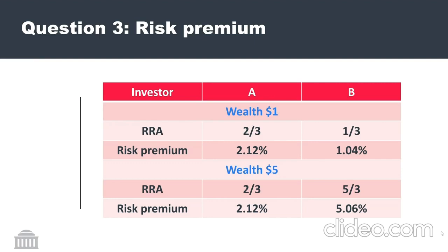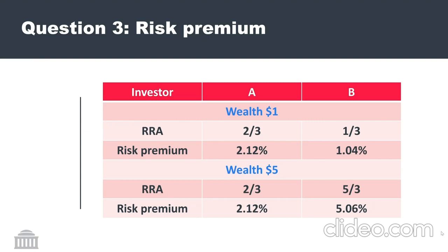For any other level of wealth, it will always stay constant at the same exact level. Risk premium, of course, would differ if we give this investor a different investment opportunity. That investment opportunity may have a different risk premium. But for this particular investment, for any level of wealth, the risk premium stays constant.